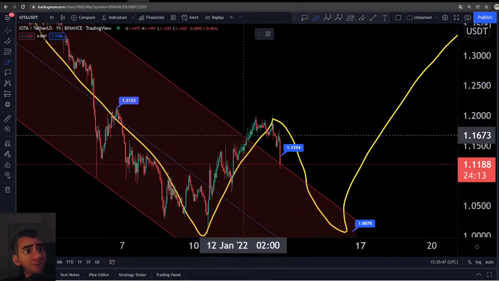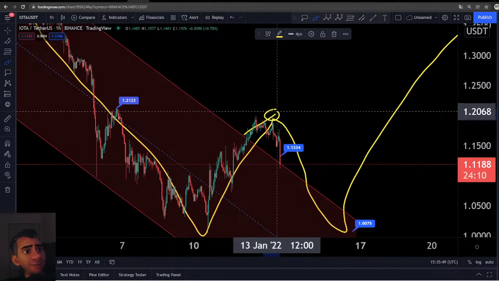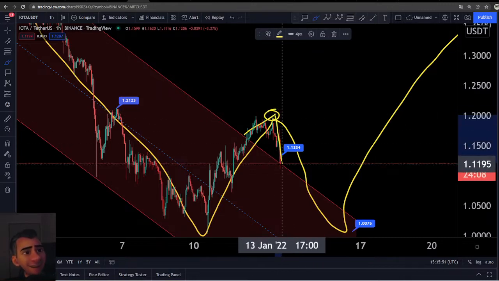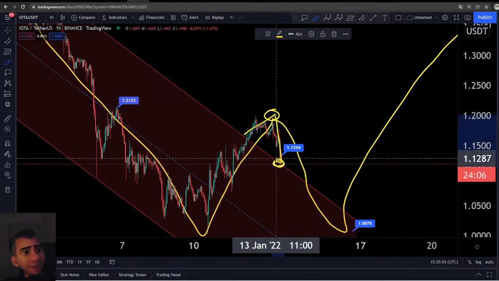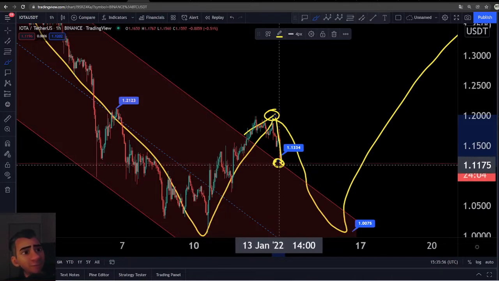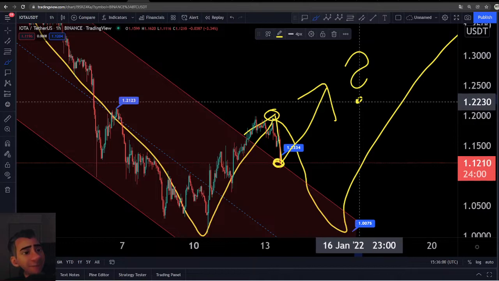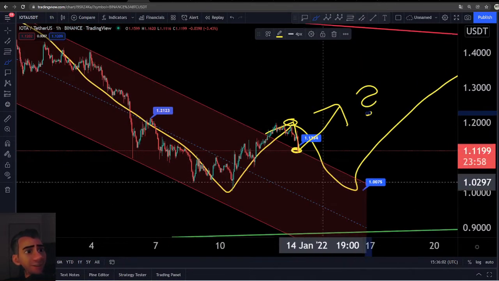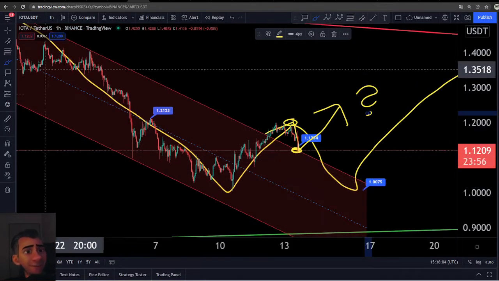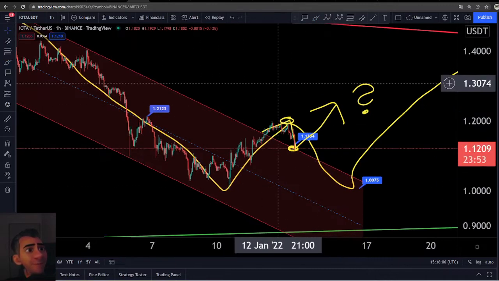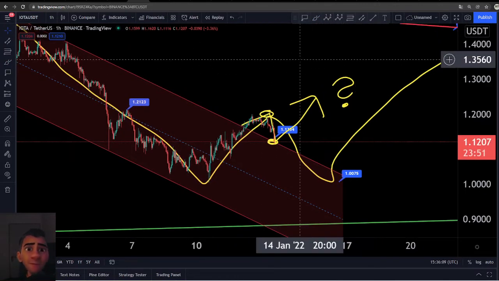We broke out here to the upside, really nice, to this point. After this, down to this point now, and the big question is now, can we use this for the next pump to the upside? That's the next big thing, guys, to watch. We need to watch it, because this could help us. This is a really big thing.